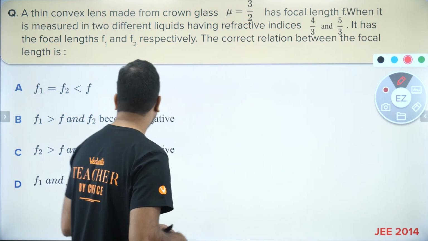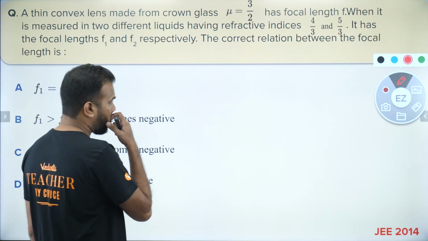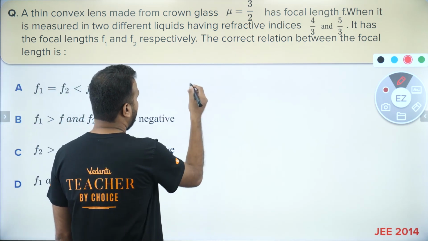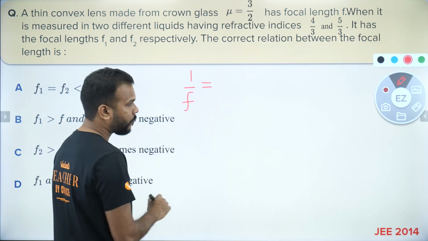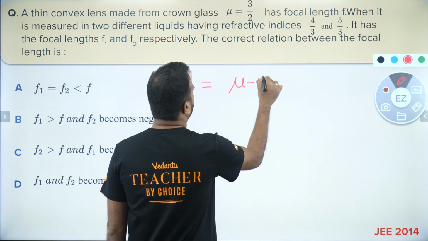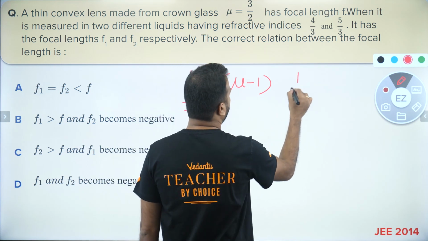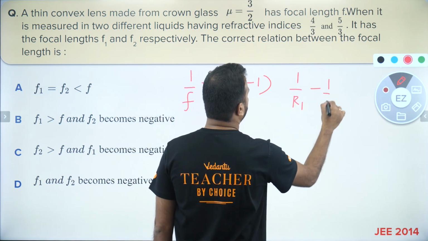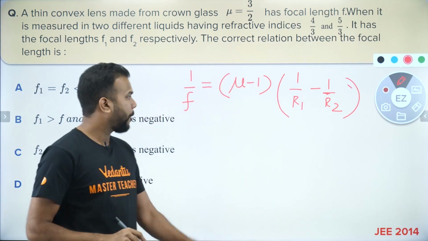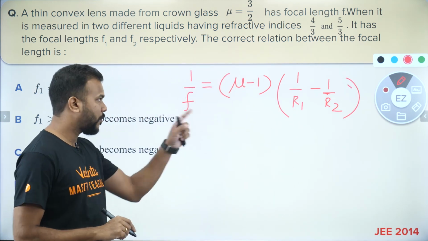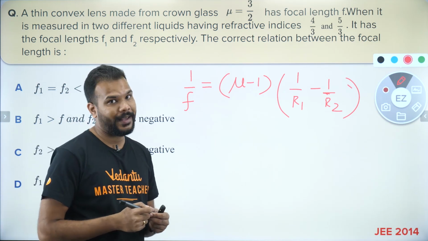Okay guys, what we are supposed to use here, very importantly for you to understand, is that when we talk about the lens maker's formula, we usually write it as 1 by f equal to mu minus 1 times 1 upon r1 minus 1 upon r2, for the two radii of curvature. Usually when you are writing this, mu is taken with respect to air as the medium.